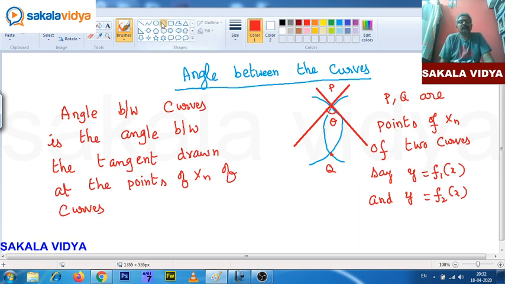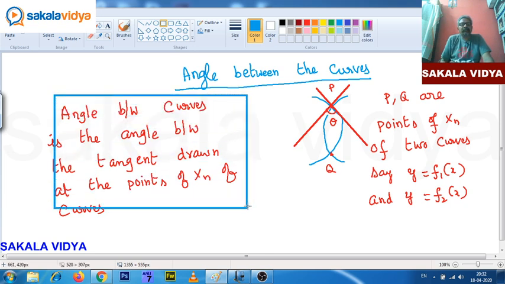So, this is the concept of the angle between the curves.